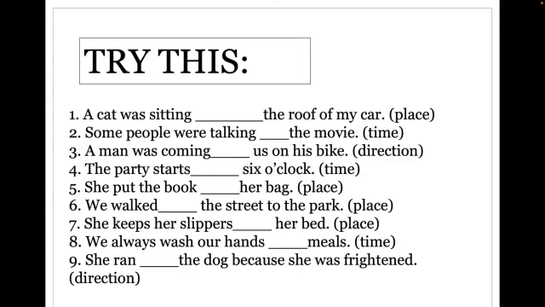Number five, we want a place preposition. She put the book in her bag. Number six, we want a place preposition. We walked up the street to the park. Number seven is a place preposition.